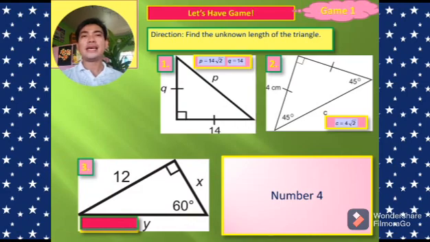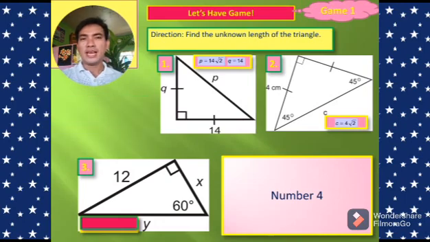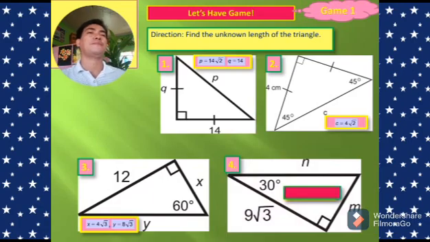Timer starts now. Now let's reveal the answer. That would be x is equal to 4 square root of 3 and y is equal to 8 square root of 3. Congratulations. Now let's proceed to number 4.